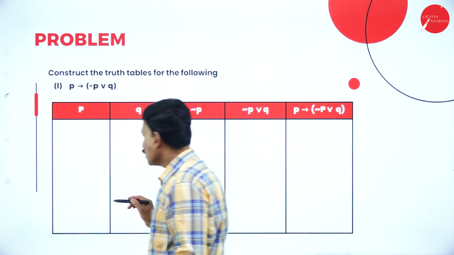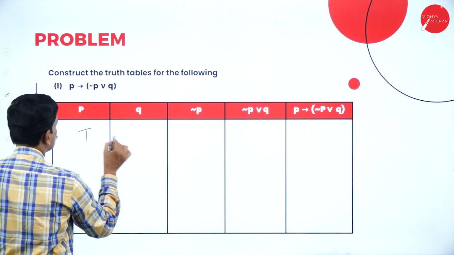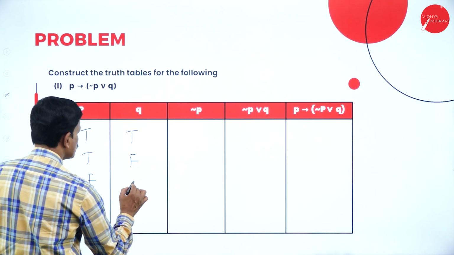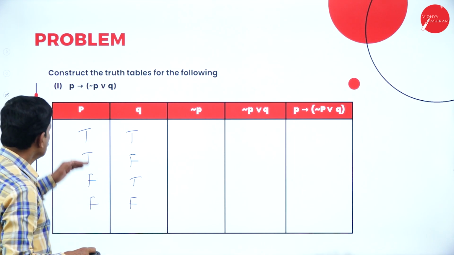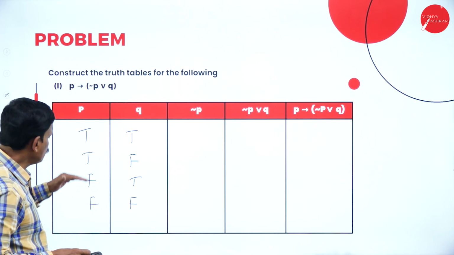Now as you know, for P and Q we are going to write true and true, then true and false, then false and true, then false and false. As in the previous class I already explained, for P write true, true, false, false.